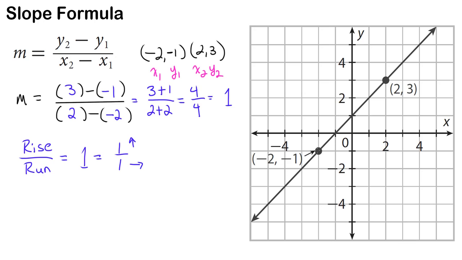So if I start at this point here and I move up 1 and right 1, you see how I end up right back on the line. If I do it again, up 1, right 1, again back on the line, up 1, right 1, back on the line, and up 1, right 1, I've arrived at this point. So hopefully this helps you to understand what a slope of 1 means.